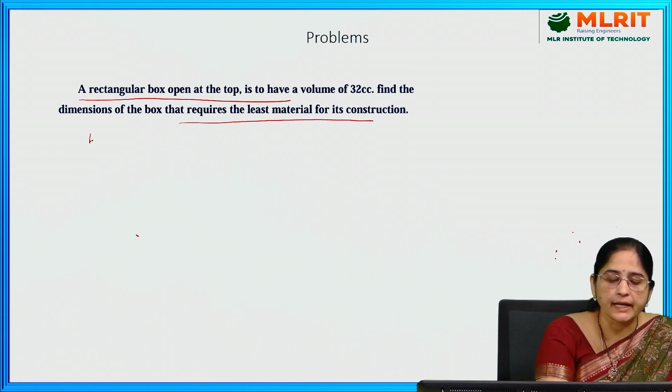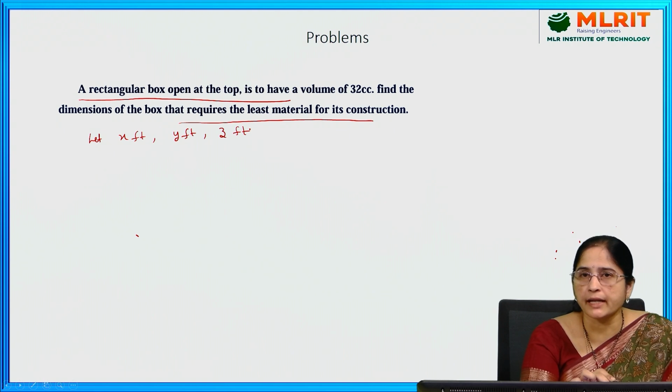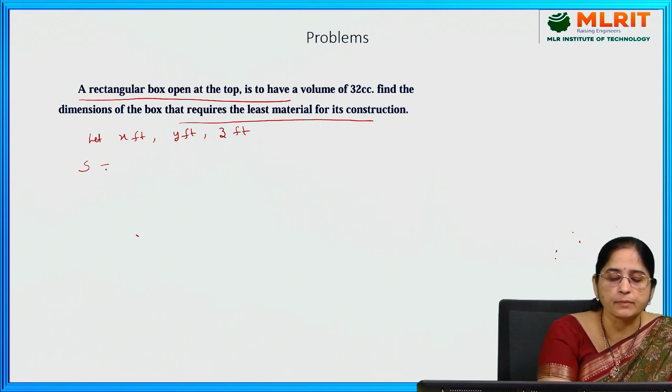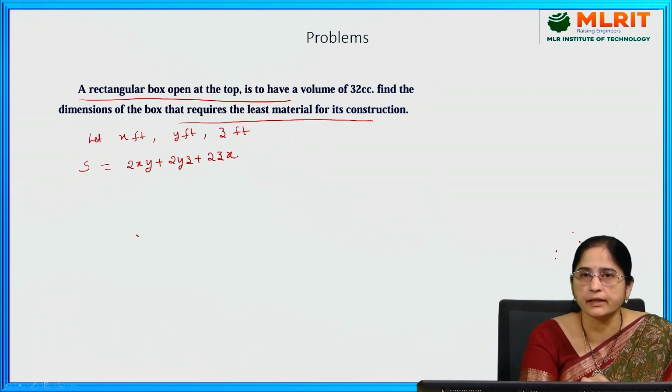Let x, y, z be the dimensions of the rectangular box. The surface area of a closed box is 2xy plus 2yz plus 2zx.